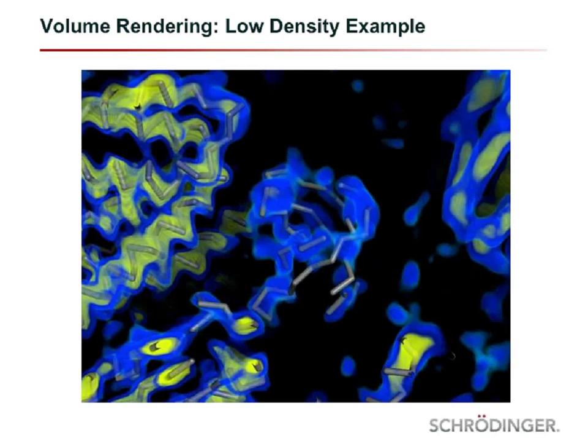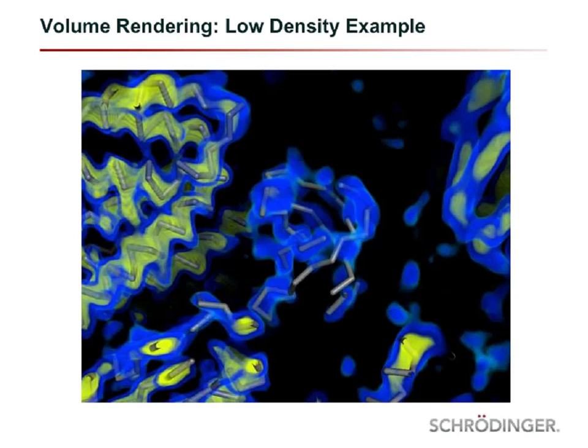This is again volume rendering. In this example, I have a protein complex where one entity has very low or very bad density, probably has low occupancy in this case. So you see the neighboring molecule goes nicely with the 2 sigma level, because the yellow color is 2 sigma and the blue color is 1 sigma.